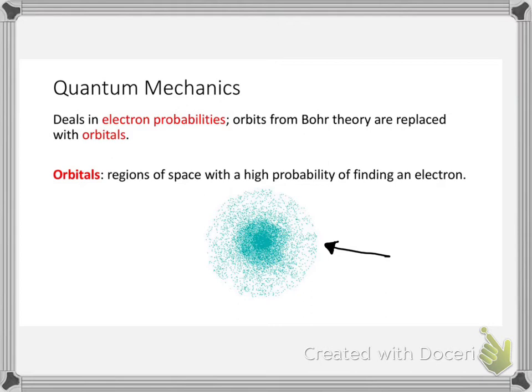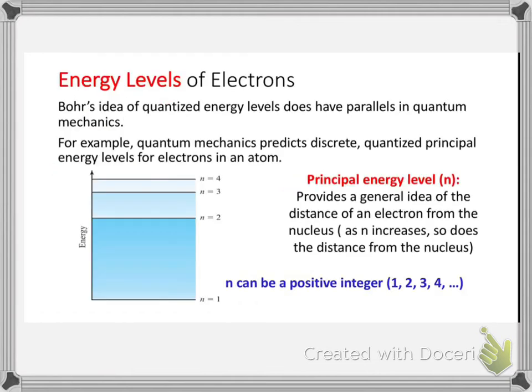The little dots are where the electrons might be found. Notice that closest to the nucleus is the highest concentration, and as you go out, it gets less and less. So there are areas where we have a higher probability of finding the electron. It's not orbits anymore, but orbitals, regions of high probability.